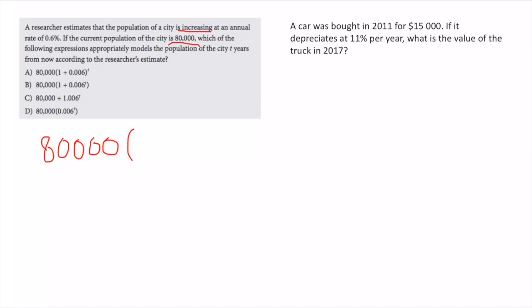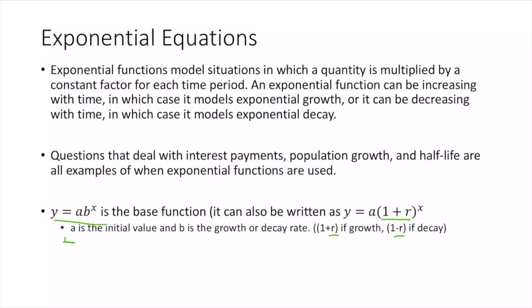Okay, and then the next thing I have to do is convert whatever percentage they give us into a decimal. So when I do that, I would be left with 0.006, the decimal. Just from following the previous slide, following the equation, I'm going to go 1 plus r.